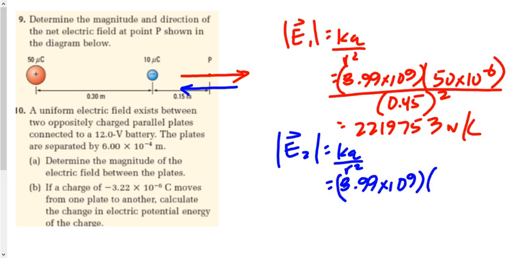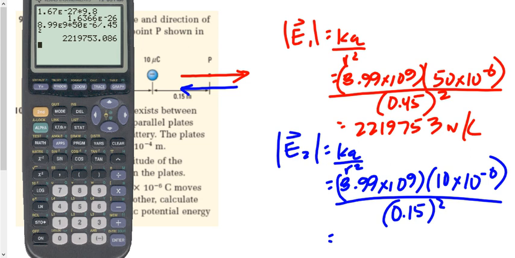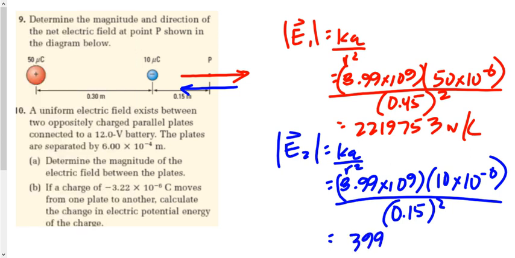Q is 10 times 10 to the minus 6, divided by 0.15 squared. 399.5555. And then what do we do with those two numbers? Add them up. But we have to be careful to make the blue one negative there, right?